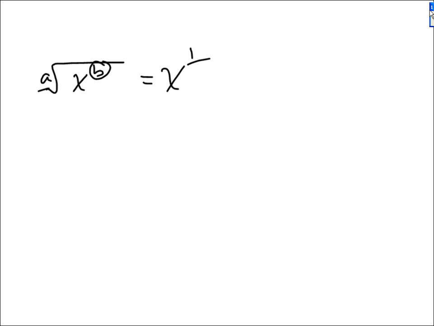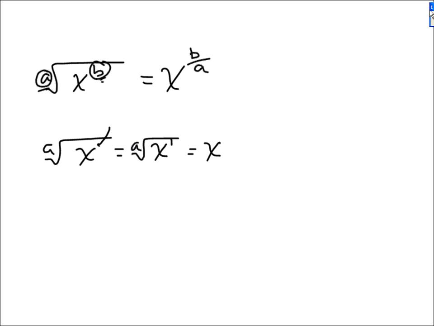It goes up as the numerator, and this goes in the exponent as the denominator. Now, if there is no number equivalent to the b, you need to be mathematically mature enough to realize it's 1. So then it's x to the 1 over a.